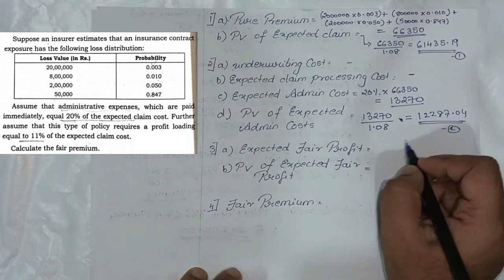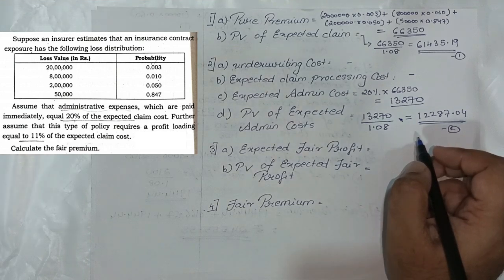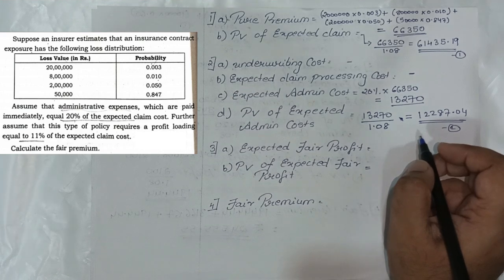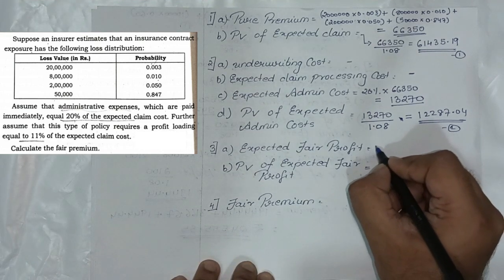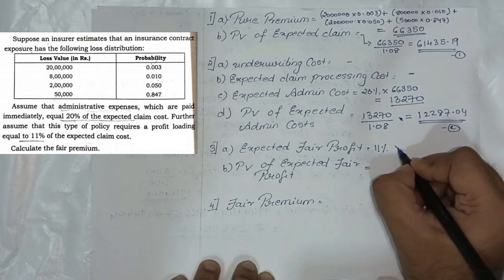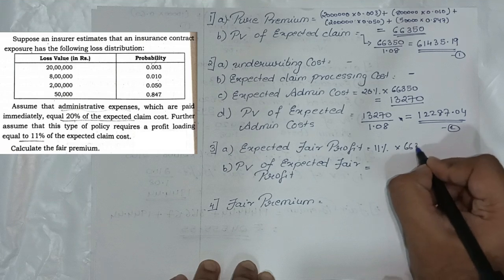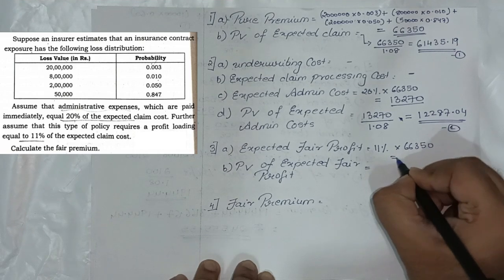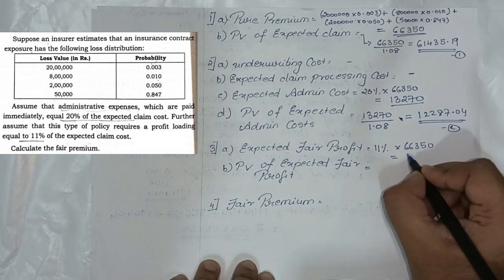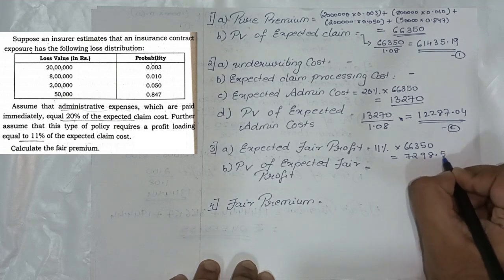Third, expected fair profit. It is said that the profit loading is equal to 11% of the expected claim cost. So we'll have to take 11%. Expected claim is nothing but the pure premium, so 11% of 66,350. On the calculator, when calculated, we got the value as 7,298.50.